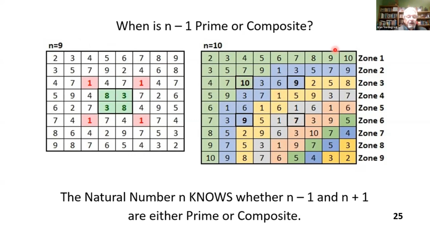And there is a rule that says when this will occur. If we're looking solely at this array, if n shows up in the first zone, then that meant that it came from a 1 from the previous array.